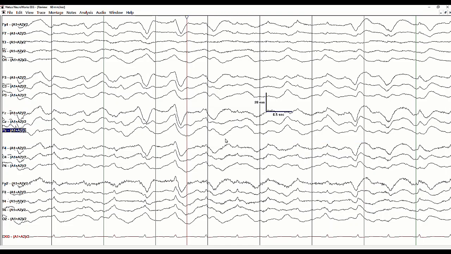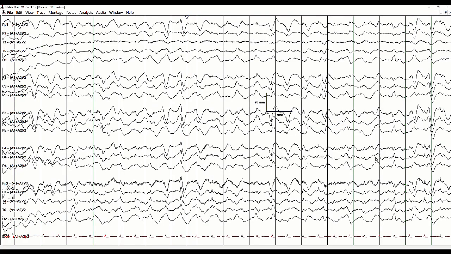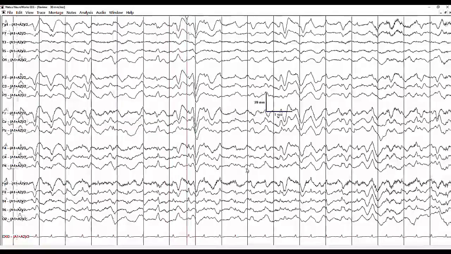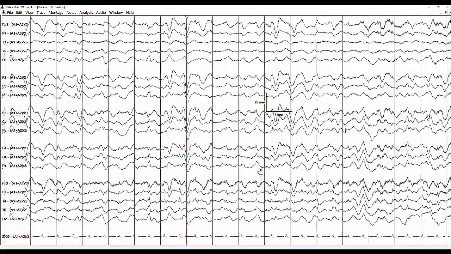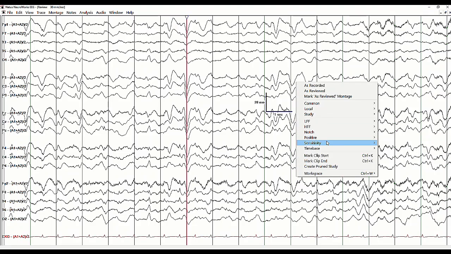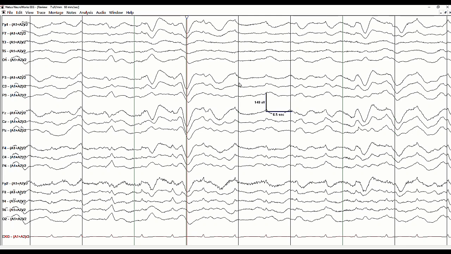But I do think coming up here, we do have a good example that you'll appreciate. So if we look at the second phase, or the downward phase with this triphasic wave, I think we can really appreciate the lag. And even more so if we change that time base back to 60 millimeters per second. So I think it's better seen with this second deflection here, not the initial one so much, but especially the second one.